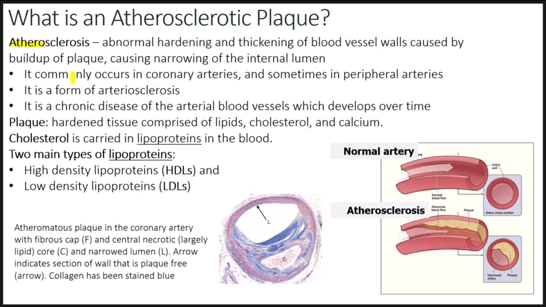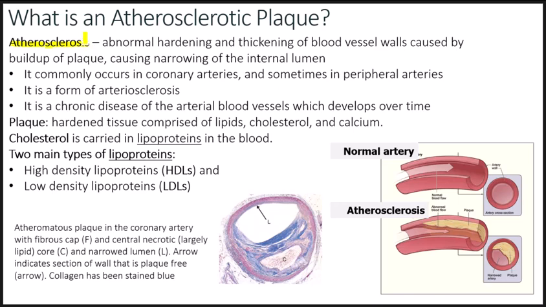So if we look at the term atherosclerosis and break it down, athero means paste, and sclerosis refers to abnormal hardening. So this term then represents an abnormal hardening, also some thickening will be present, of a blood vessel wall.